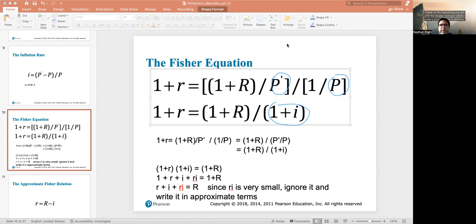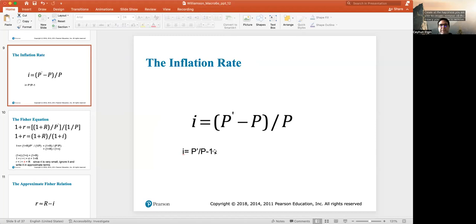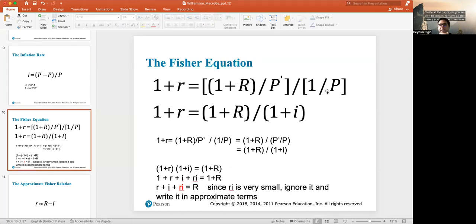So remember, if I go back to the previous slide, we have this here: 1 plus I is nothing but P prime divided by P. So P prime over P is nothing but 1 plus I, and we have P prime over P here.